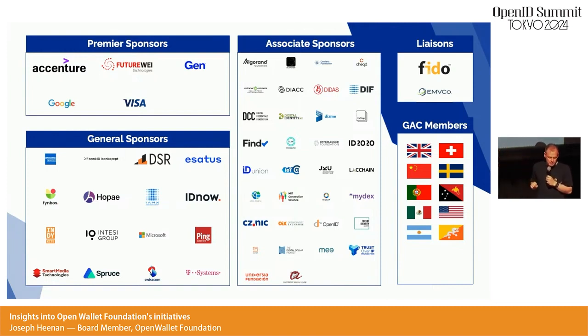You can see there's plenty of those. And then at the right-hand side, we also have the Government Advisory Council members. As you can see, we've already got 10 members there, and you'll notice there's not a Japanese flag up there, unfortunately, but we are having an active conversation with Japan, and we hope that changes soon.